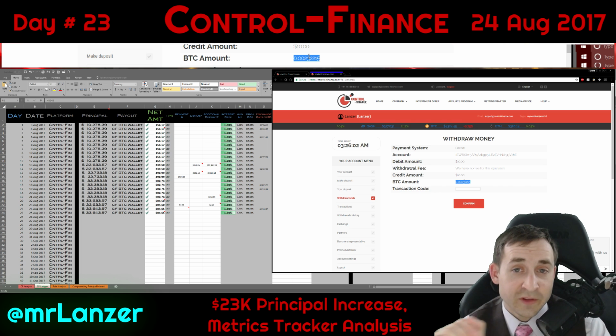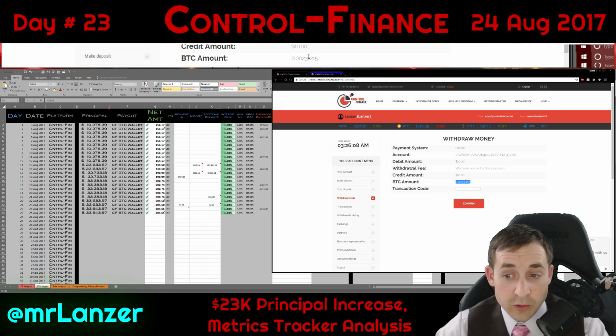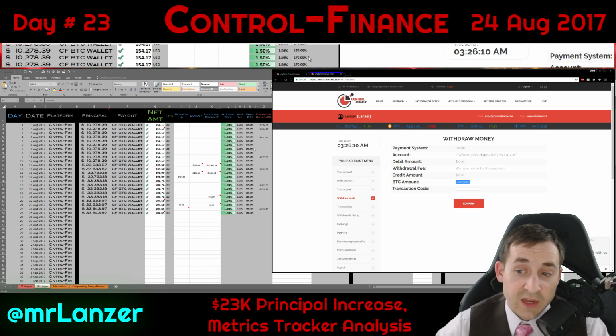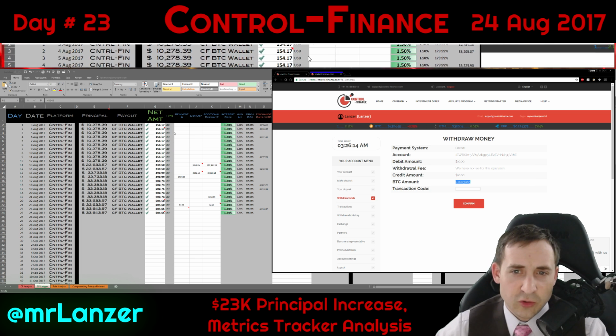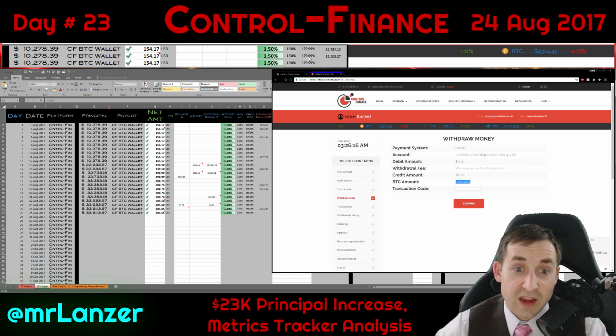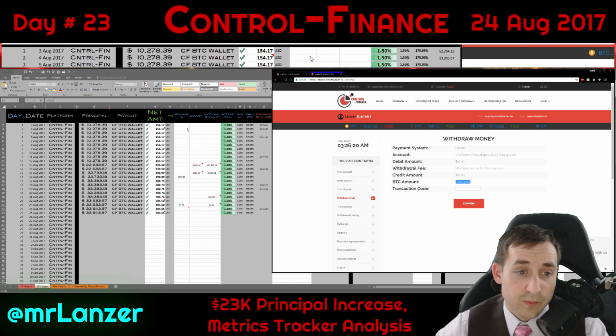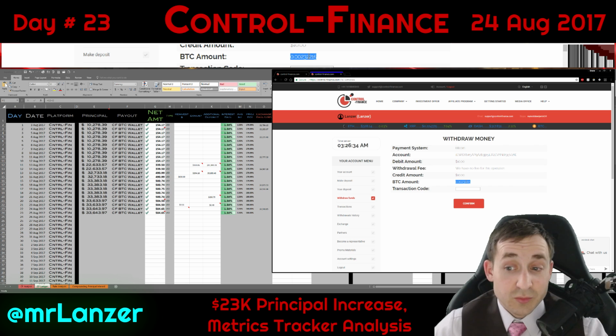So what that tells me is that the amount sent from Control Finance was different than the amount it says that it reported. Taking into consideration that Control Finance has a little bit of difficulty reporting the exact figures to the penny on its payouts, it's not quite such a surprise that there's something different here too.